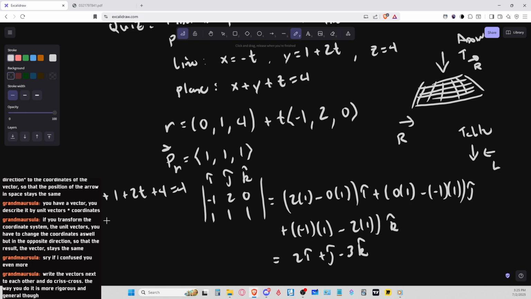So we have t, and then 2 plus 1, 1 plus 4, that's 5, and then we have 5 here, and then 5 minus, that's negative 1.